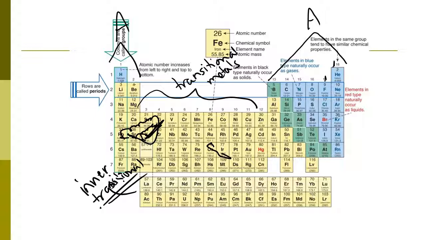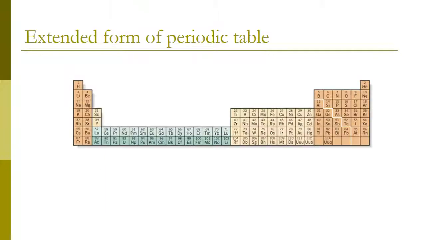Now these actually belong right here. What we should do is spread the entire periodic table out. Well, let's see what that would look like. If we were able to expand the periodic table out, this is where the inner transitionals go. Now, this wouldn't work very well on a normal 8.5 by 11 sheet of paper.